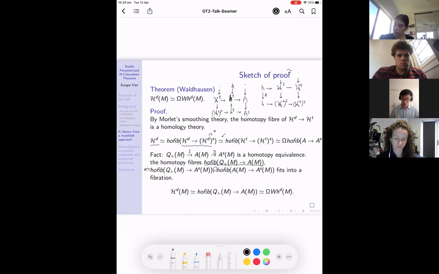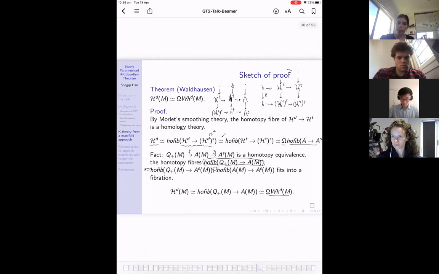So we conclude that the stable parametrized h-cobordism space in this case is homotopy equivalent to the loop of this fiber, and by definition, that's the loop of the Whitehead space, and that finishes the proof.